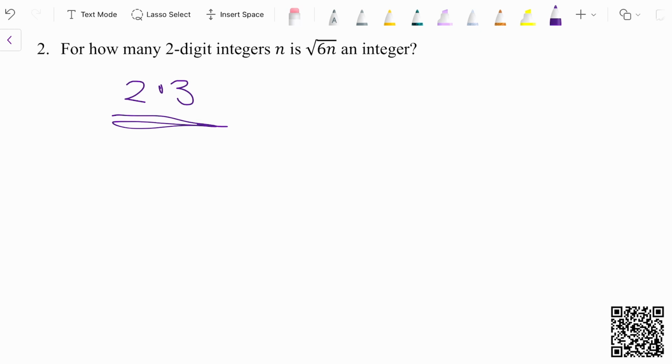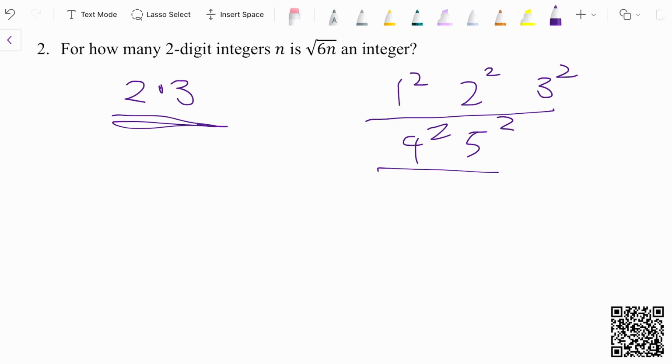So this means if I list out all these perfect squares, I'll just list out to 5. We can take any of these perfect squares, and any above it as well, as long as it fits the conditions, to make it a 2-digit integer, and you can take it out of the radical.